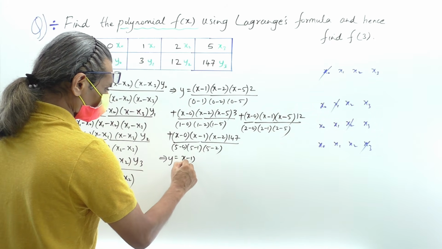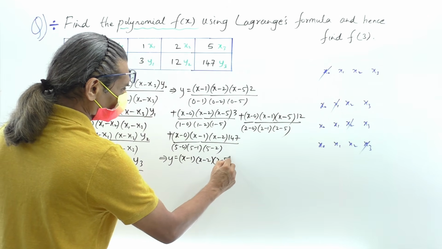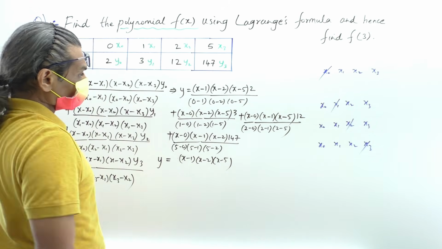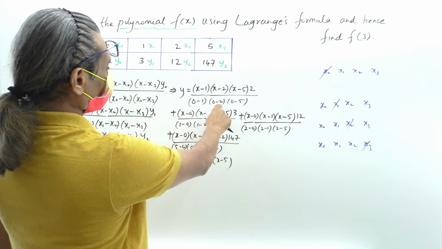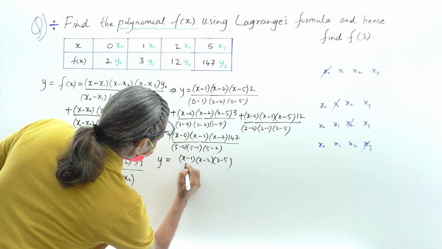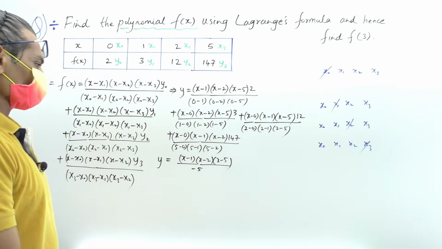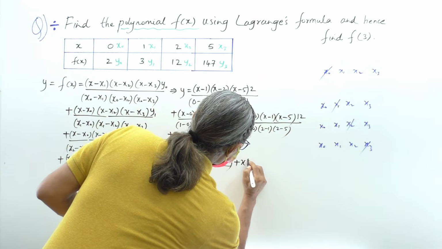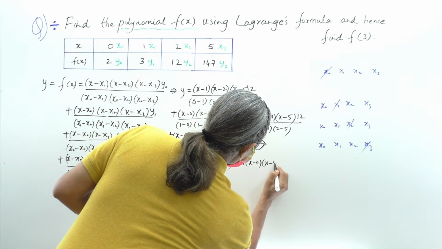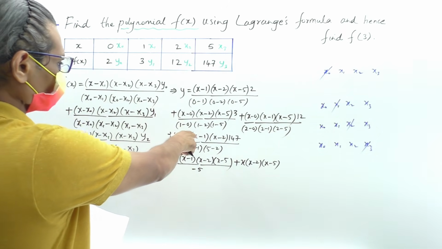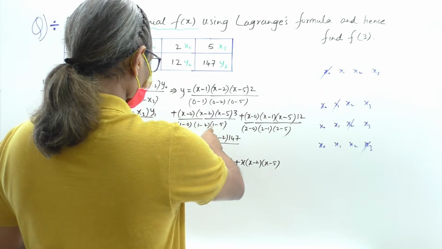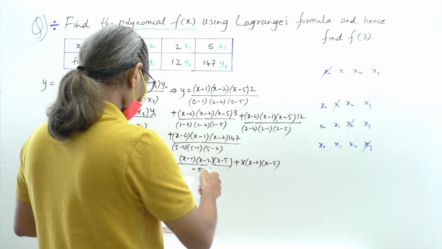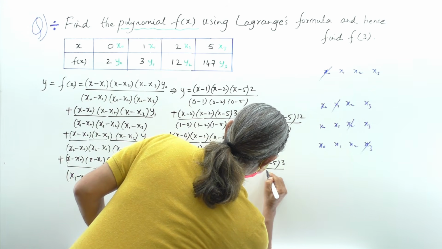We get x minus 1 into x minus 2 into x minus 5, so y is equal to, this will be same, 2 cancels, minus minus plus minus, so upon minus 5, then plus this will be x into x minus 2 into x minus 5, be careful here, into 3 upon, it is 1 minus 5 will be 4, 1 minus 2 will be minus 1, so obviously this will be 3 by 4.